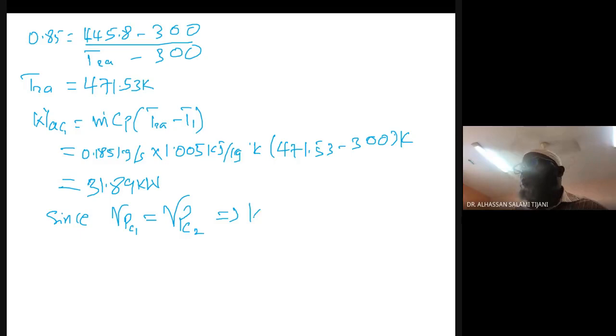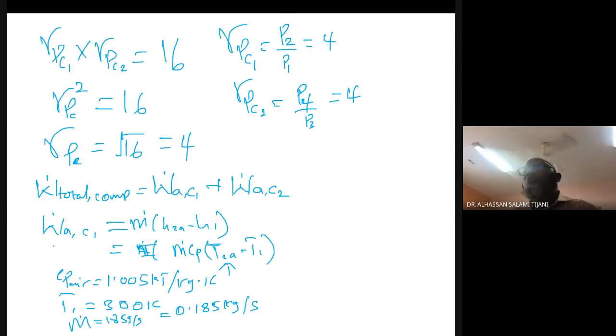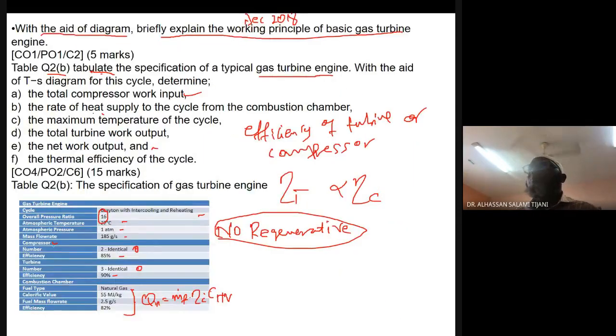So WA for compressor number 1 will be equal to WA for compressor number 2. So the total work input, which we want to calculate, is the total compressor work input.